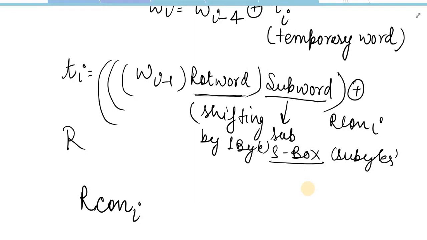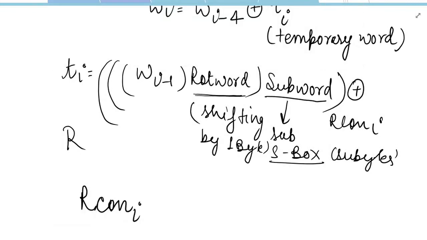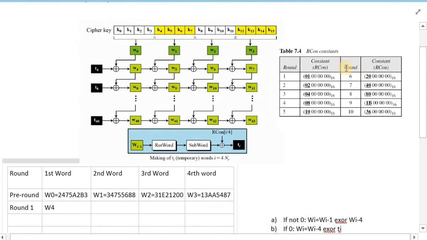So now it's time to do some examples. For the examples, I am taking some values. Now you can see these are the Rcon values, and in this diagram you can see there is a Wi minus 1.